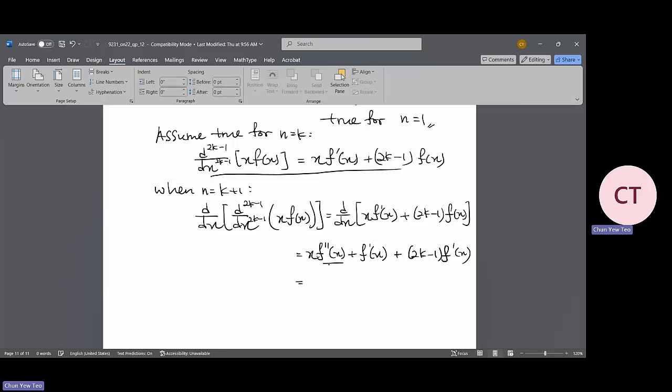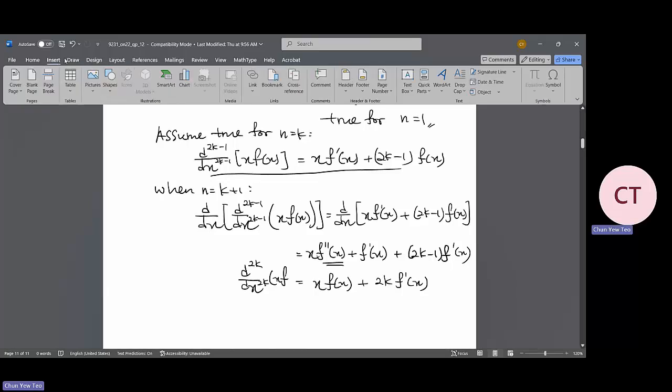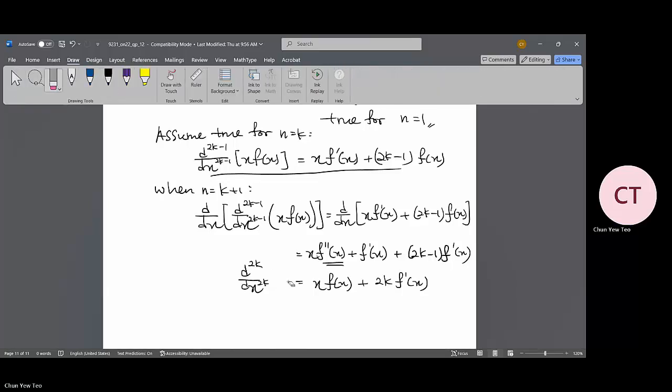Because they told you that this is f(x), so this one is x f(x) plus the 2k of f prime x. So this will be the d2k over dx power 2k of x f(x). So this doesn't fulfill the statement. It doesn't matter because this is not what we want. We are looking for d2k plus 1, not d2k.